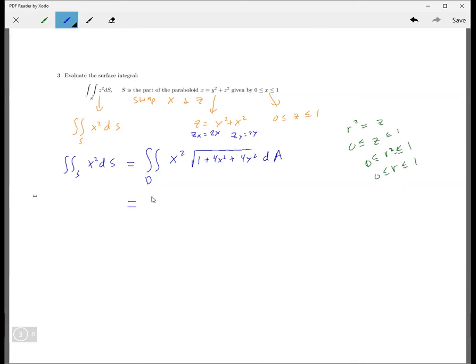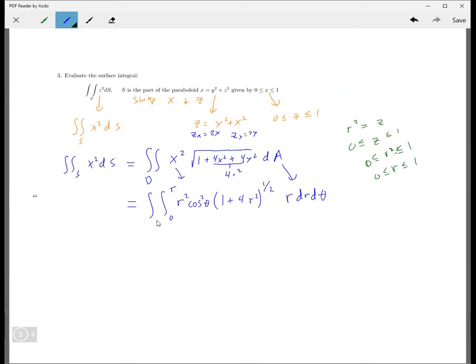Okay, so what makes sense is for us to change to polar coordinates like that. And then right here, you notice that this is 4r squared, right? So we have 1 plus 4r squared to the 1/2. This is nasty. So x is r cosine theta, so you got r squared cosine squared theta.